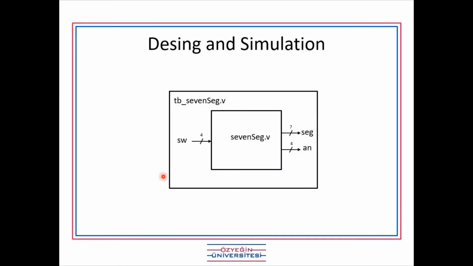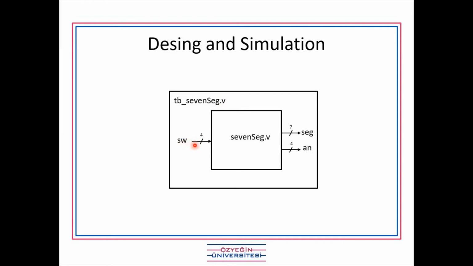To see if our design is working right or not, we have to test it. For testing it, we are giving you a Verilog test bench. You don't need to change the test bench file. The only thing you should change is the 7seg.v file. We are giving you 2 files. You change the 7seg.v file, don't change the tb test bench file.